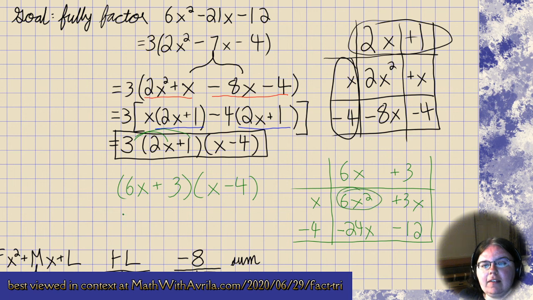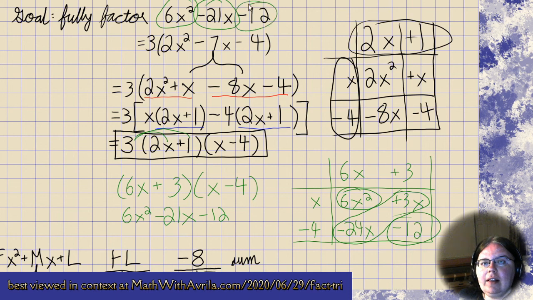Certainly this is the 6x squared that we can see right here. Let's see, negative 24 plus 3 would be negative 21, and of course that's with an x, which matches what we wanted to see here. And then negative 12 also matches.